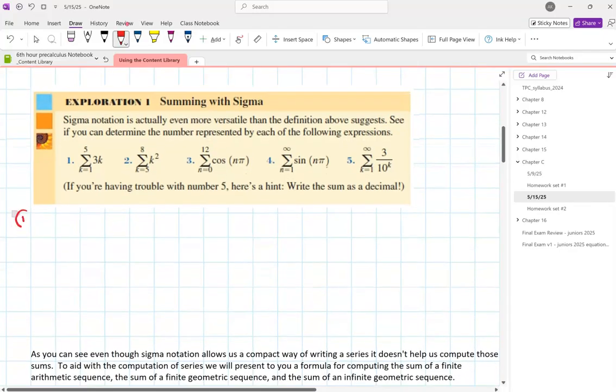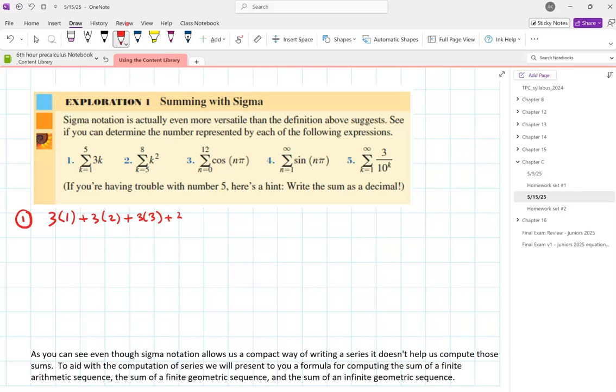The first one is the sum of the sequence 3k from the first term to the fifth term. The first term would just be 3 times 1. The second term would be 3 times 2. The third term would be 3 times 3, and 3 times 4. And the fifth term would be 3 times 5.